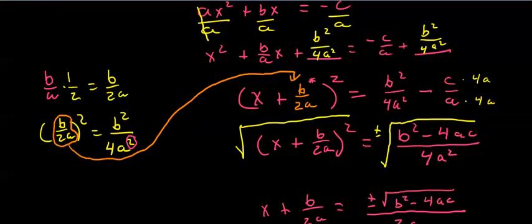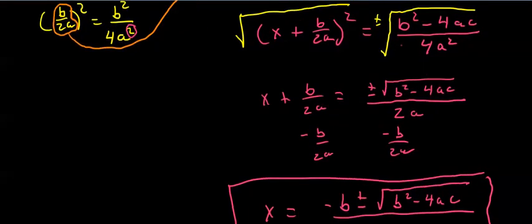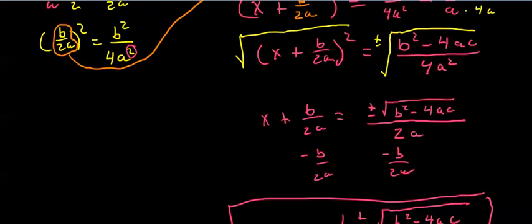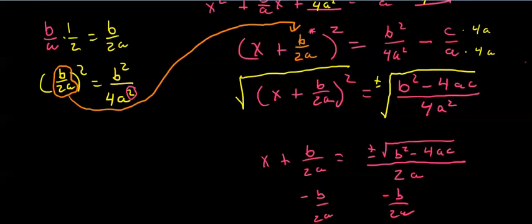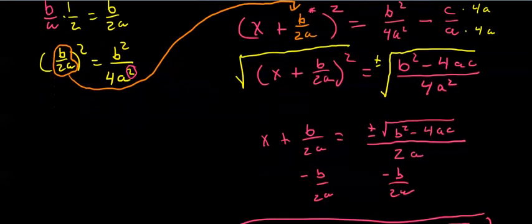We take the square root of both sides. Oh, also, in addition to getting a common denominator, I rearranged the order. I wanted the c over a after the b squared over 4a squared. Just because that's the way the formula reads.